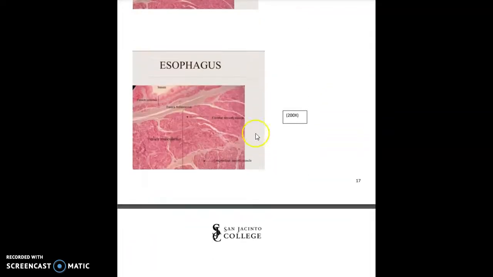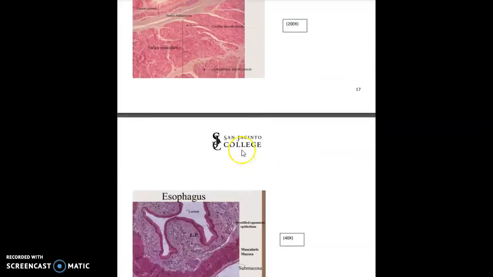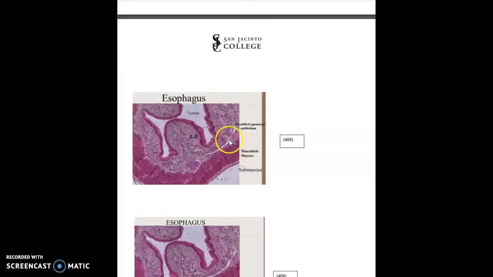I remember the gastrointestinal tract, always going to be asking about the layers, and remember this whole layer is the mucosa, and here we have the epithelium, and in the esophagus we have the stratified squamous epithelium, and we have the same epithelium for the mouth.